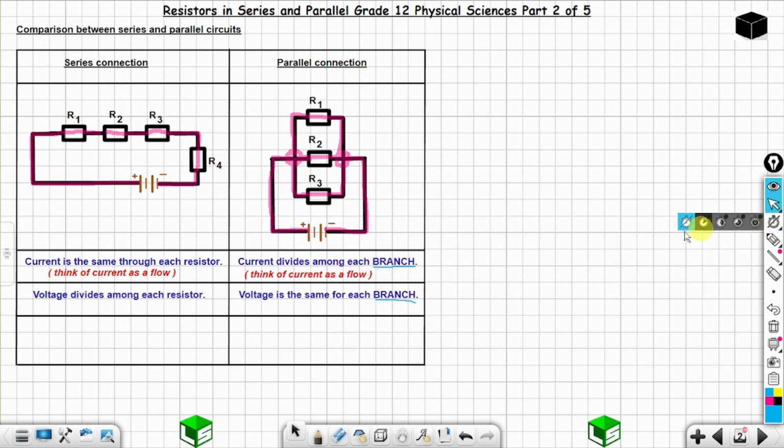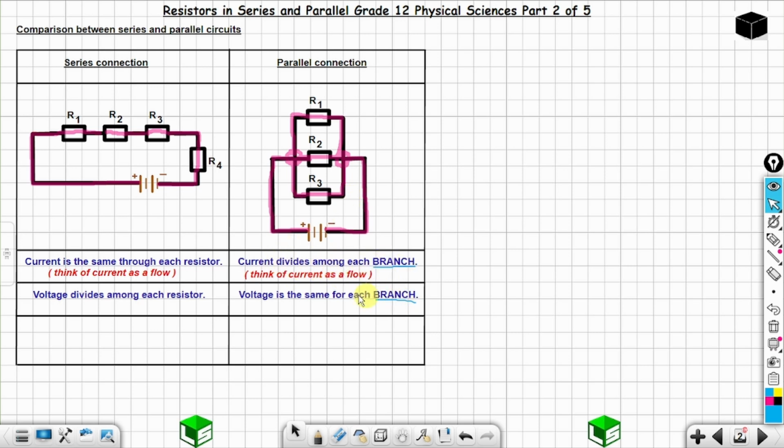Because on one branch you can have more than one resistor, this is why you have to say for each branch.